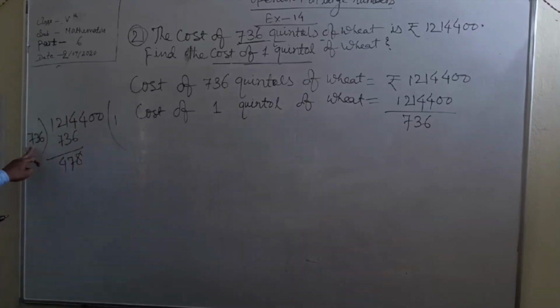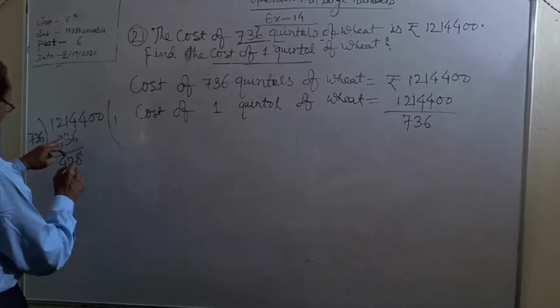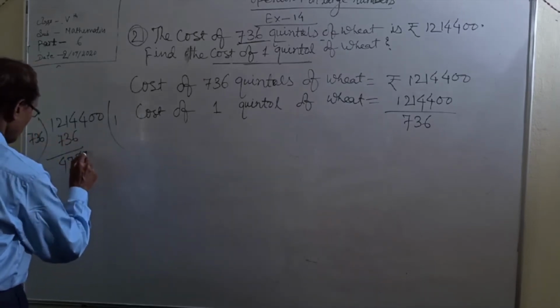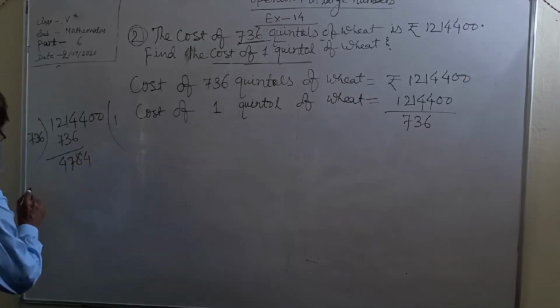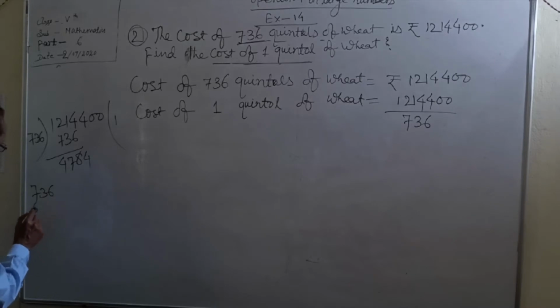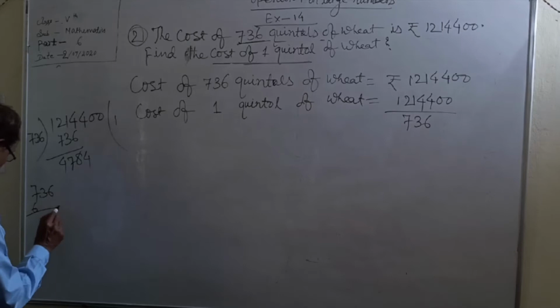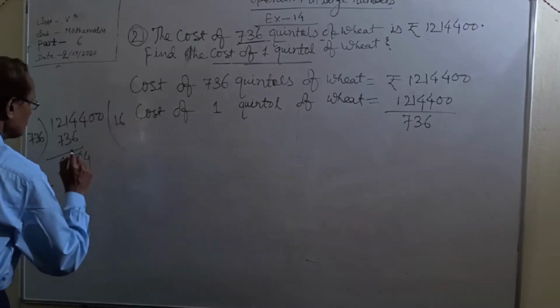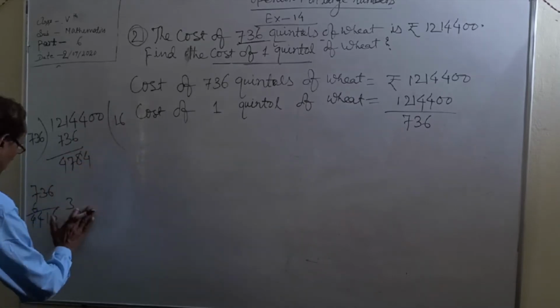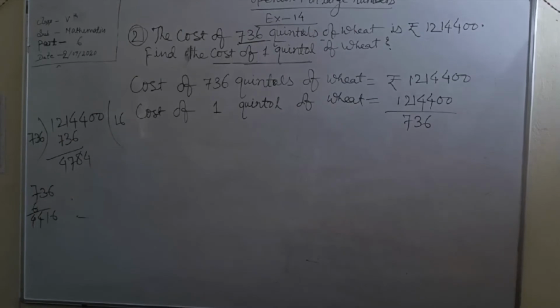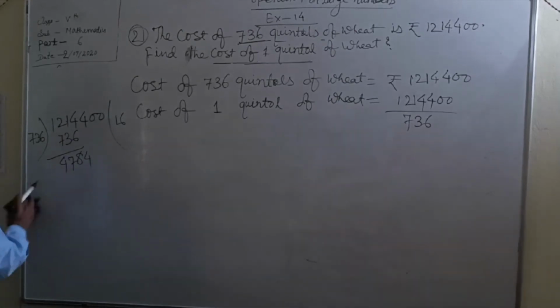Again, 478 is less than 736. Take 4 from the upper part. Again, 736, 6 here, will be 4416.